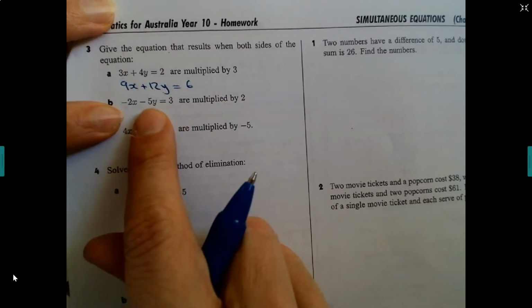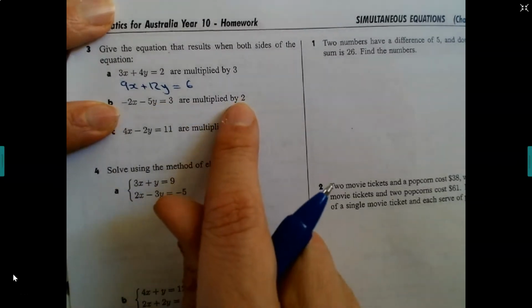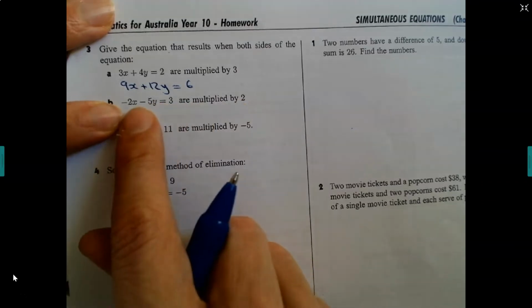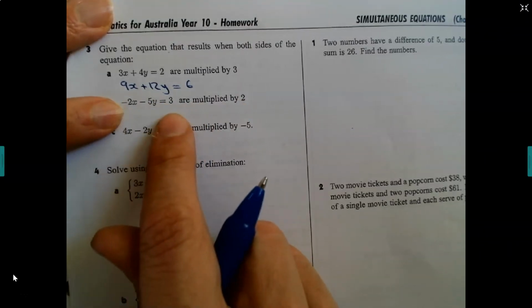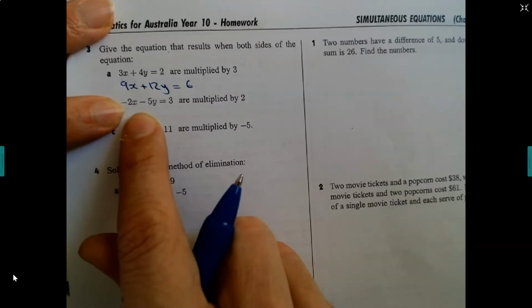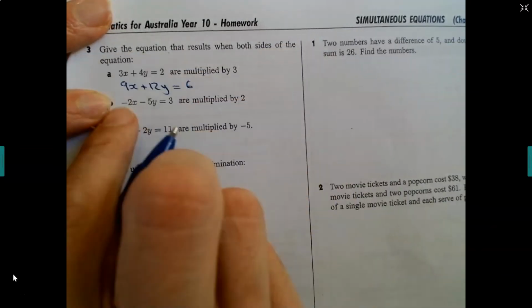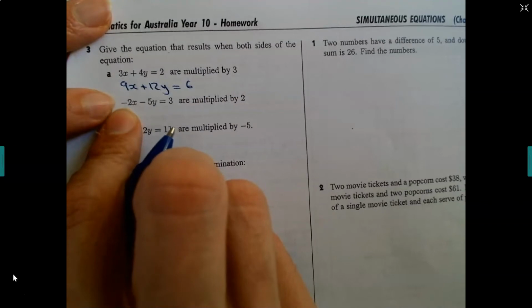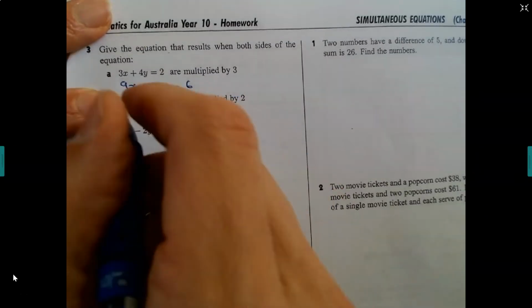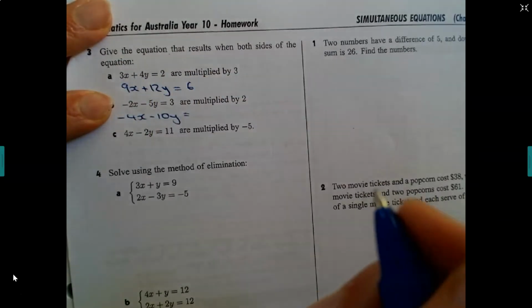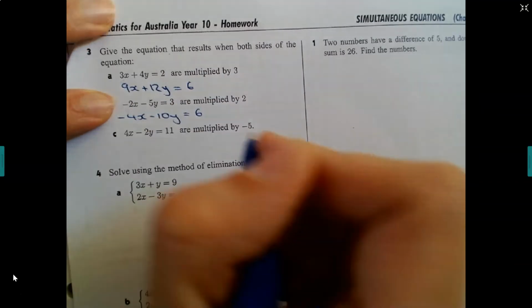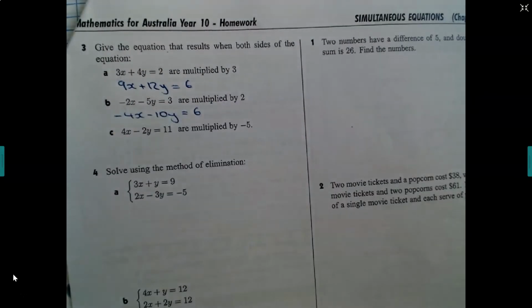Can I multiply all of these terms by 2? What would I get if I multiply all of this by 2? Both sides of the equation by 2. Minus 4x minus 10y is equal to 6. I've multiplied all of the terms by 2.